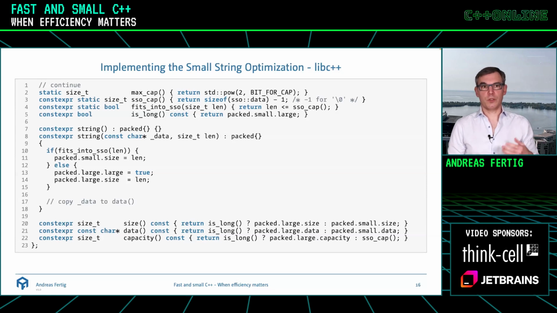We set the large bit to true, and we set the size there to len as well. That would be followed by potentially allocating the data that's required for the dynamic version and copying all the data into the local buffer. The drawback from this implementation, I mean, we have the large SSO buffer, is a branch for each access. Whether it's size, data, or capacity, we have to check the bit and return the correct data member here. So that's the not so good part about this implementation.